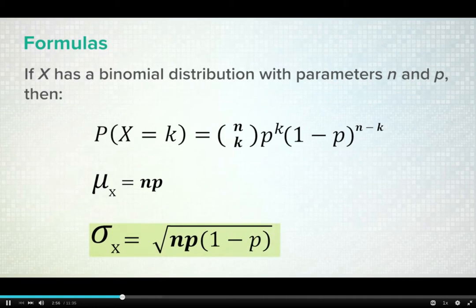And the standard deviation for x equals the square root of n times p times the quantity 1 minus p. The key thing here is that these formulas only apply to binomial distributions. You can't just use the formula to find the mean of any discrete random variable. It has to adhere to those 4 conditions in a binomial setting.